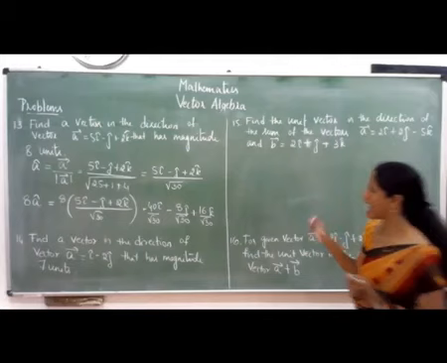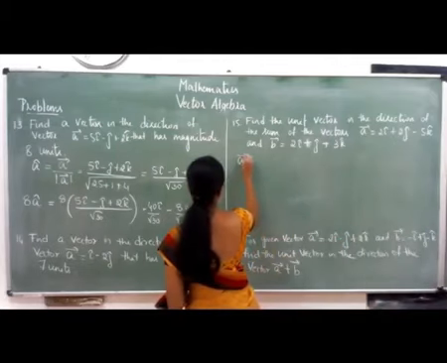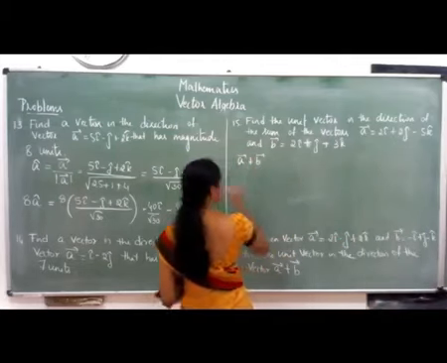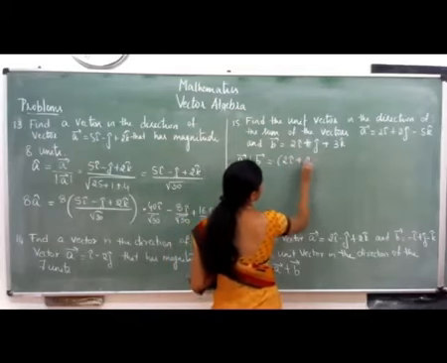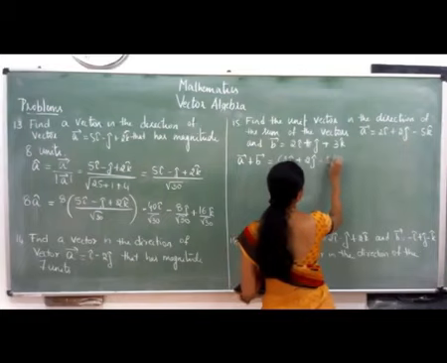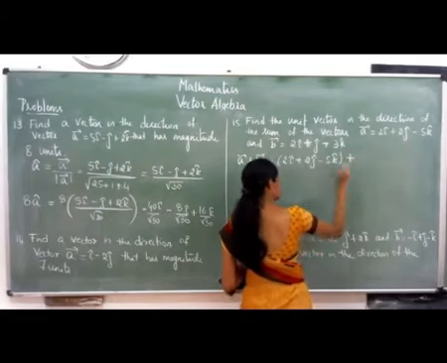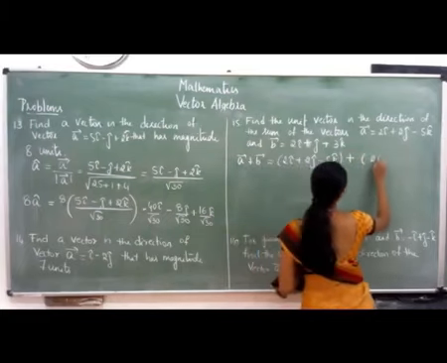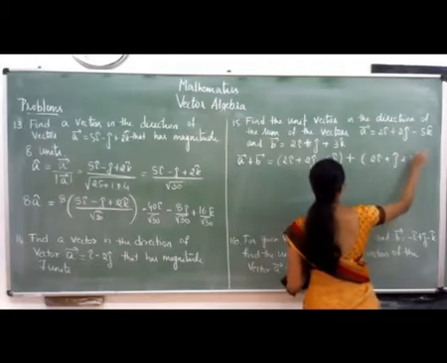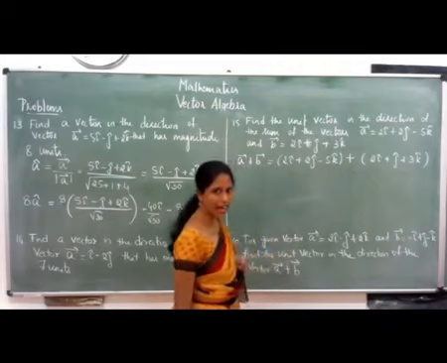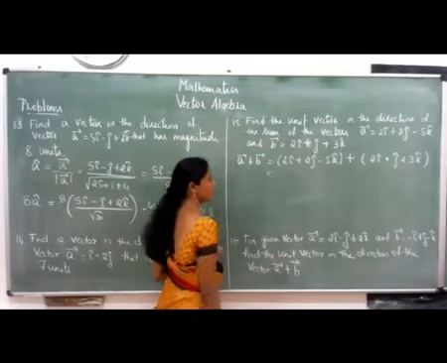So first you should add these two vectors. Let us add vector A and vector B. Vector A is given by 2i cap plus 2j cap minus 5k cap, plus vector B is given by 2i cap plus j cap plus 3k cap. We already know how to add or subtract any two vectors.